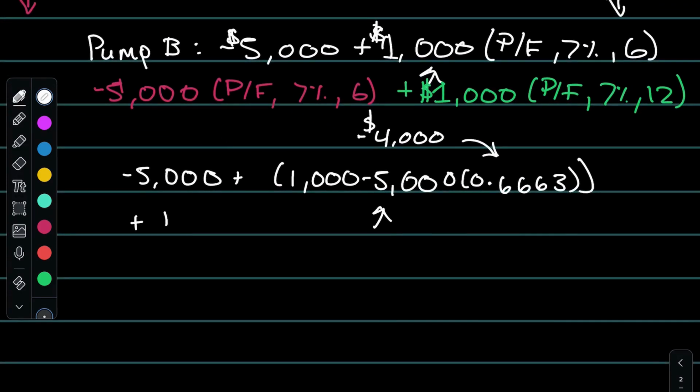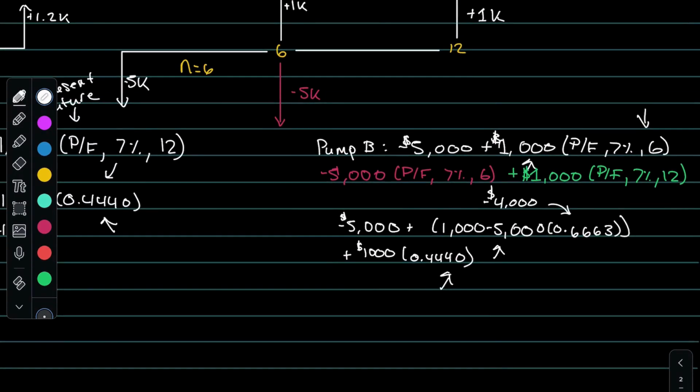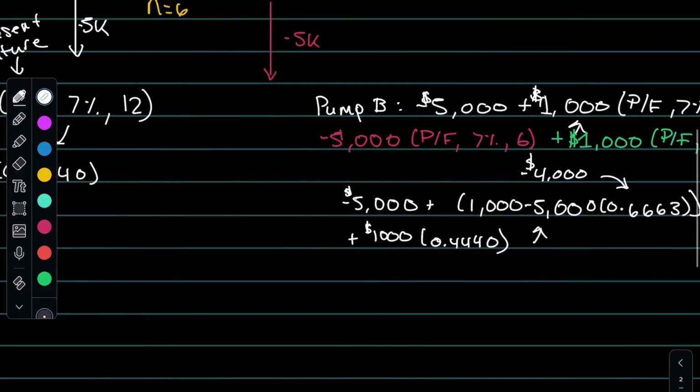And then we're going to add another $1,000, 0.4440, because that's at 12 years. And it makes sense because it's the same number as this one with the same interest rate. So the same interest table that we're looking at, just different values. All right.